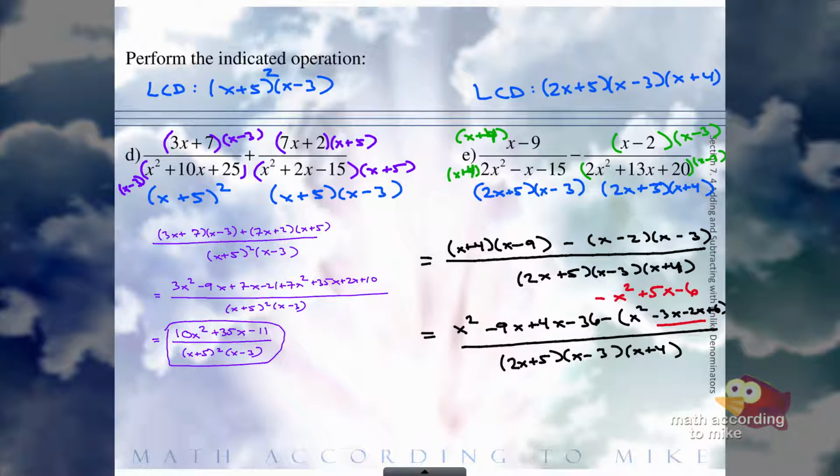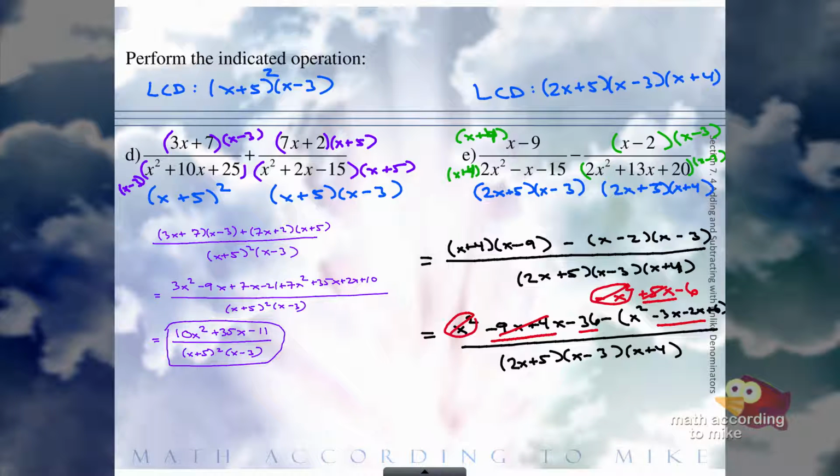Yay! So x squared minus x squared, what happens to those? Cancel. Negative 9x plus 4x is technically negative 5x. Negative 5x plus 5x, what happens to that? Cancels, that whole thing cancels.